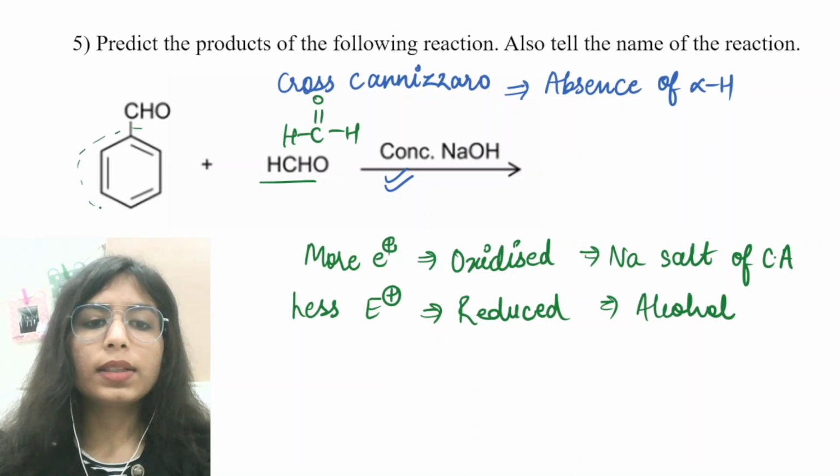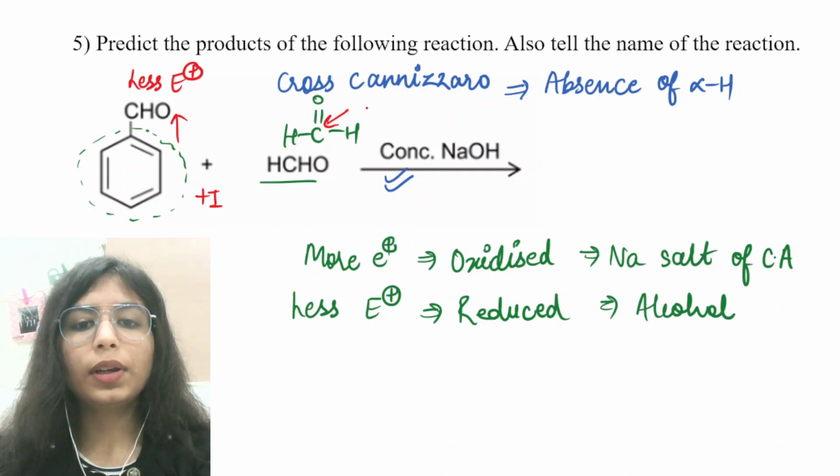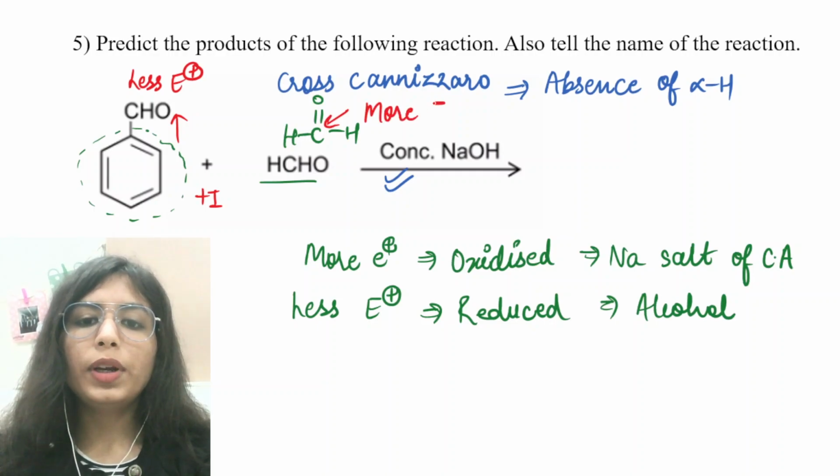Whereas in benzaldehyde this benzene group is present, which is basically plus I in nature, so it is donating electron density, and here the carbonyl carbon is less electrophilic in nature as compared to this carbonyl carbon, which is more electrophilic in nature.